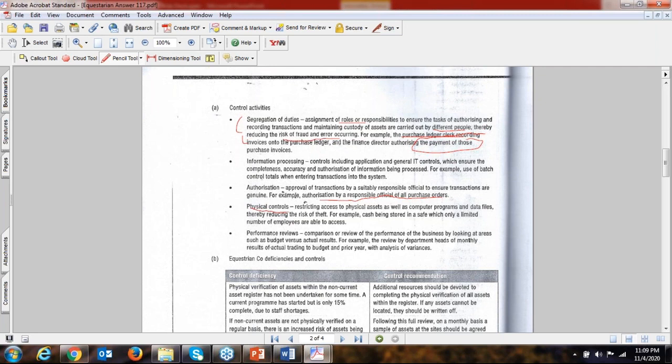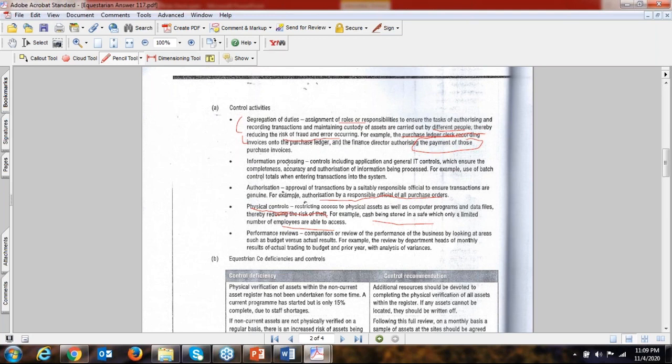The advantage is reducing the risk of theft. Now you need to give the example: cash being stored in a safe which only a limited number of employees are able to access. So this is the first part of the control activities.